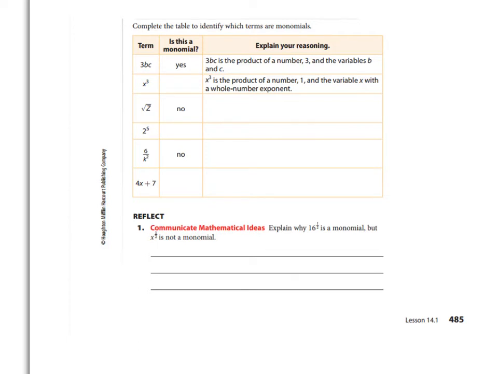So the first one, x cubed, yes, that is a monomial. It's one term because it's the product of x 3 different times. Square root of z, no, that's not a product. Two to the 5th, yes, because it's simply a number.